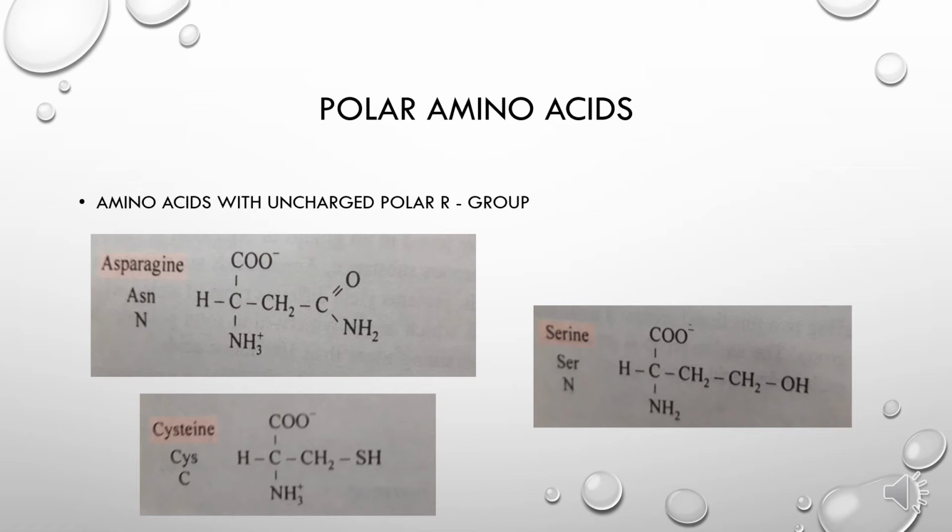However, histidine may be both polar and charged depending on the environment and pH of the solution. It has two NH groups with a pKa value of around 6. When both groups are protonated, the side chain has a charge of +1.